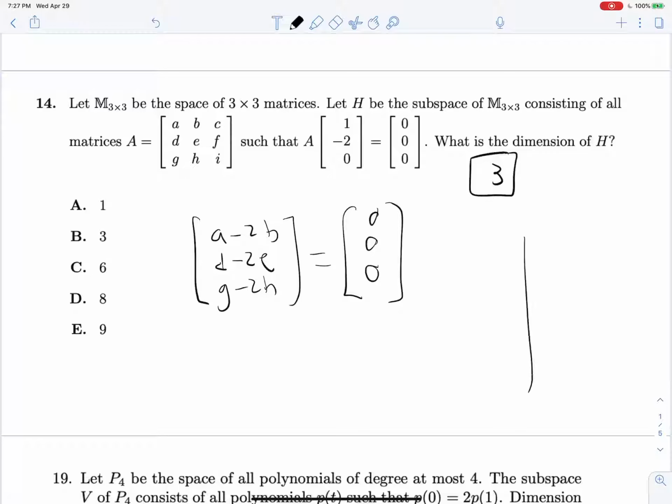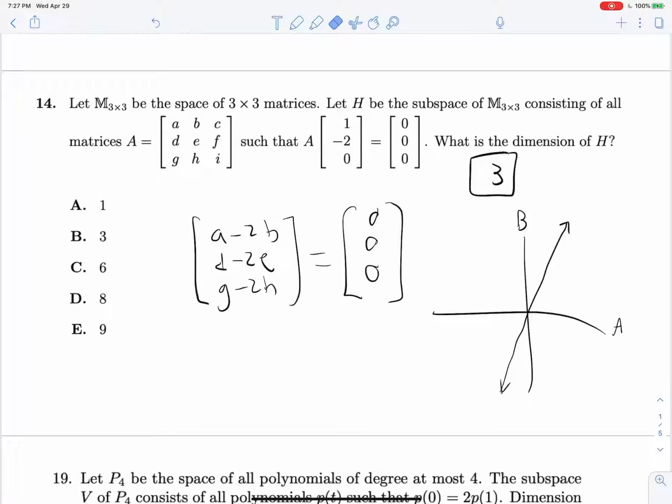You can go geometric and say, each of these we can express as a line, so A equals 2B. For every unit A, we have to move 2B in order for this to still be equal to 0. So really, we don't have full control on the A-axis, and we don't have full control on the B-axis. We only get one dimension of control.